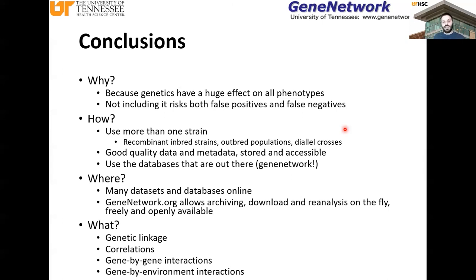It also allows reanalysis on the fly, just using that simple graphical user interface. So anyone, a wet lab scientist who just wants to know what genes correlate with my gene of interest in which regions of the brain, or is my gene even expressed in that region of the brain, can ask those questions really quickly and really easily.